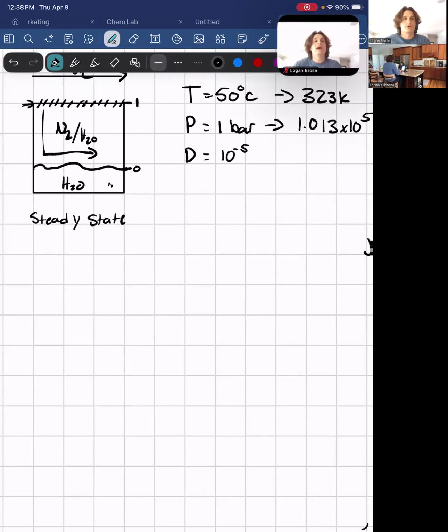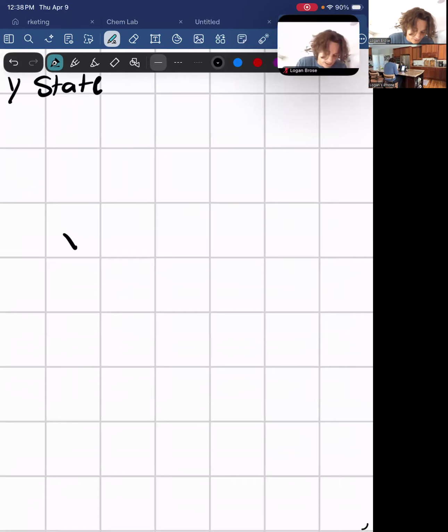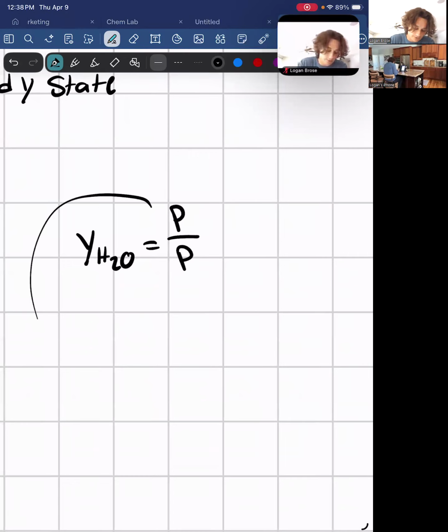So how do we find partial pressure? Well, we know that our YH2O equals our partial pressure over our pressure. And when we look at our partial pressure, we can do a couple of things to get it.